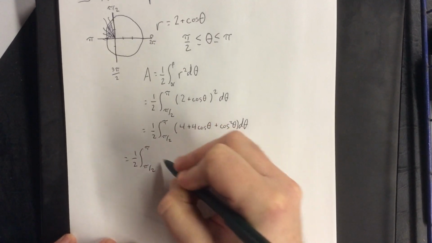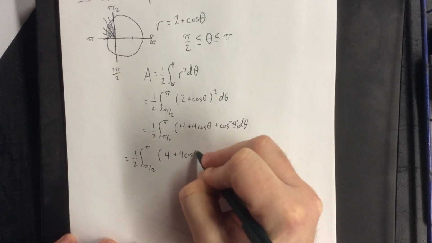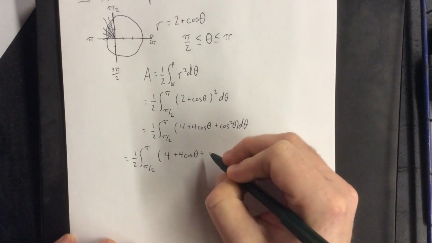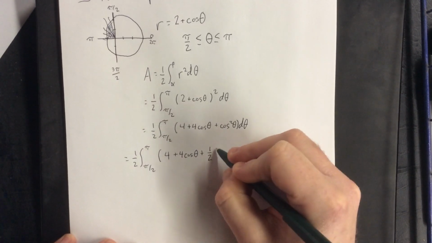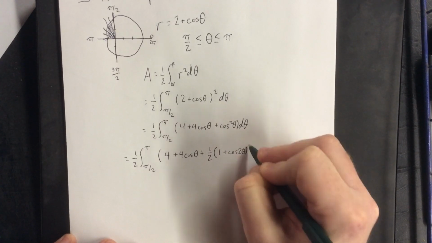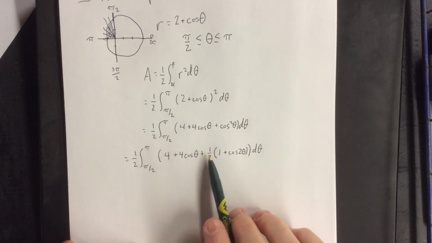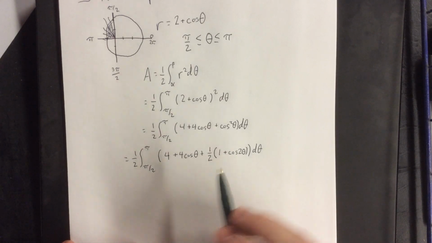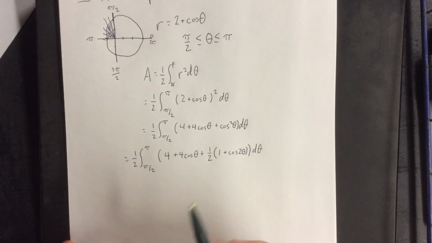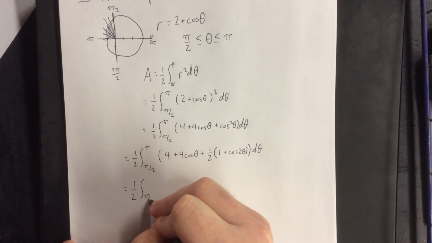Power-reducing identity for the cosine squared will be the following. Going from pi over 2 to pi, that part stays the same. This will be 4 plus 4 times the cosine of theta plus power-reducing identity for the cosine squared is 1/2 times 1 plus the cosine of 2 theta. We'll still have a d theta left over. Now at this point, we're going to distribute the 1/2 through the parentheses, and then we can take the 4 plus 1/2 that results and combine those as like terms.